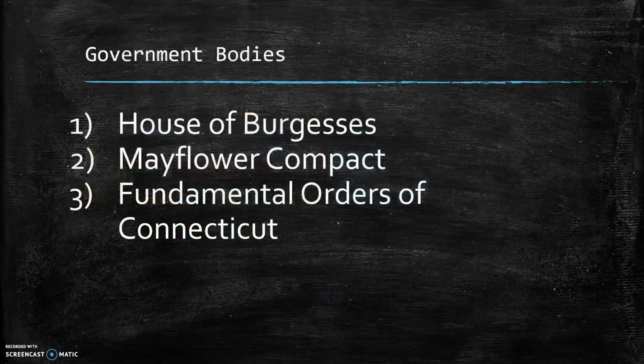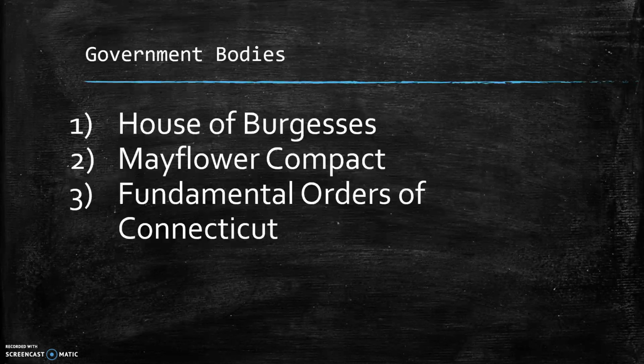We need to understand the three major government bodies that were established in America. The first one is the House of Burgesses, the first representative assembly in North America. It was established in the 1600s and is a very famous example of a legislative assembly.